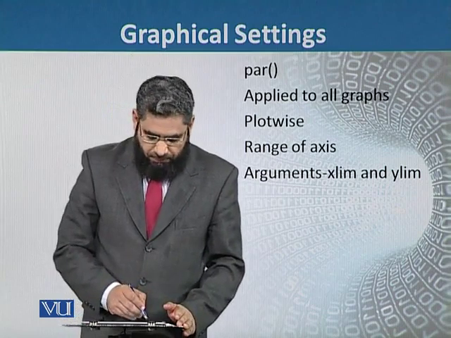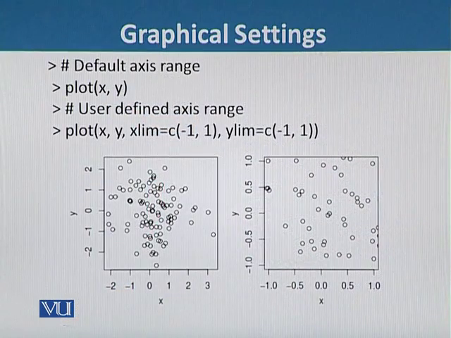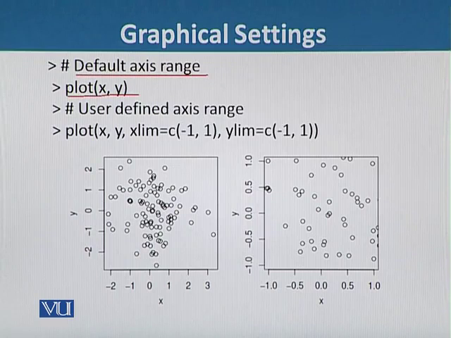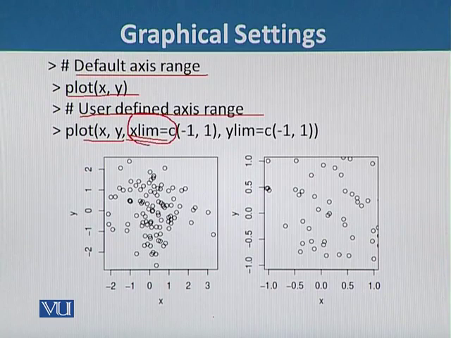If we want to change the range of the axis, we write the code: default X range, plot(x, y), and then user-defined axis range, plot(x, y). We are using the xlim and ylim arguments to change the range from -1 to 1.